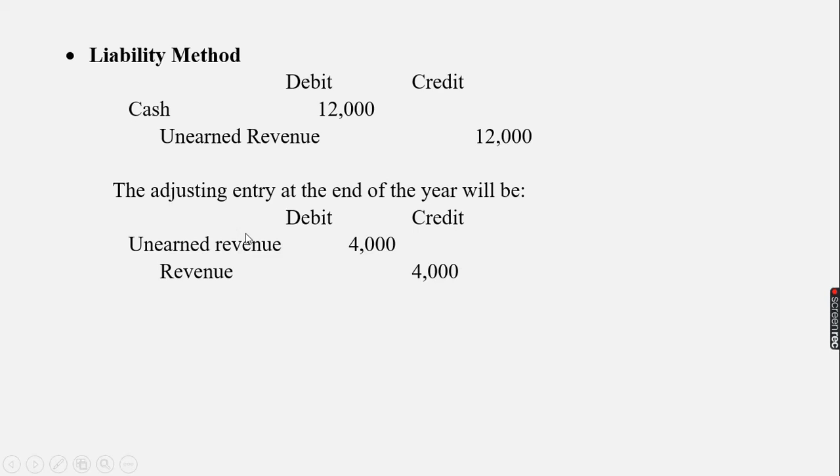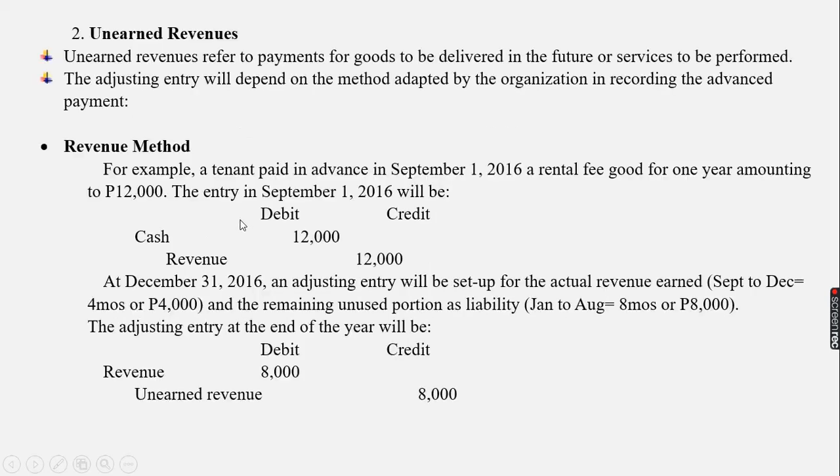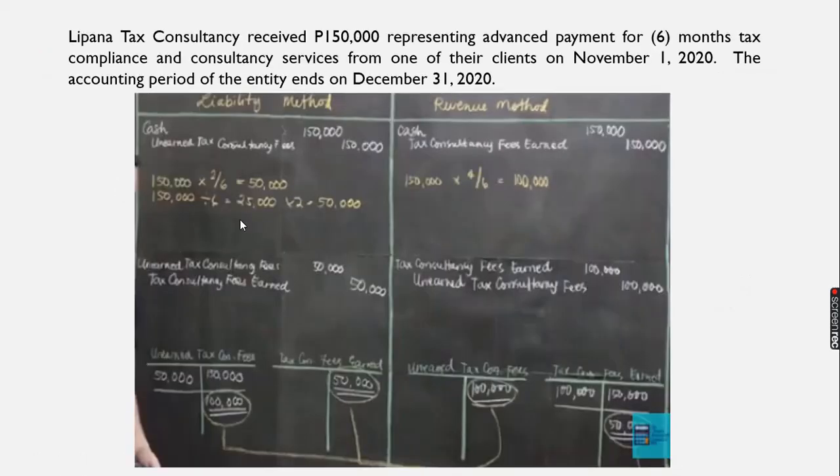So, yun yung liability method ng unearned revenues, okay?